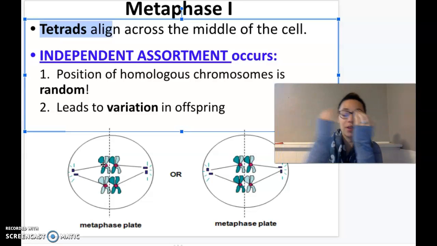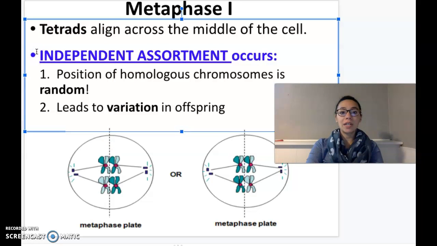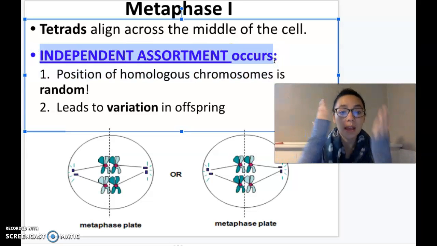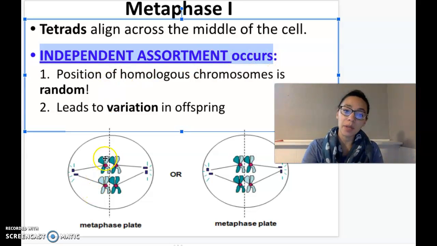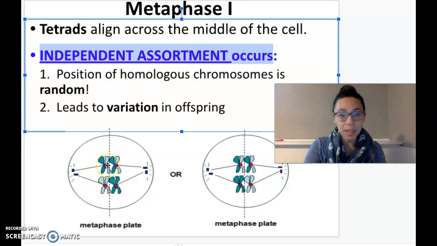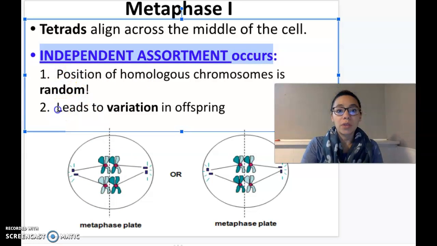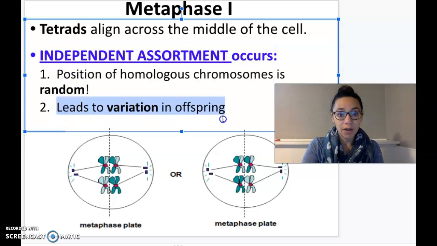That happens later. So the homologous chromosomes are going to separate. This is called independent assortment, which means the position that they line up in is random. It happens randomly, different every time. So this leads to even more genetic variation.